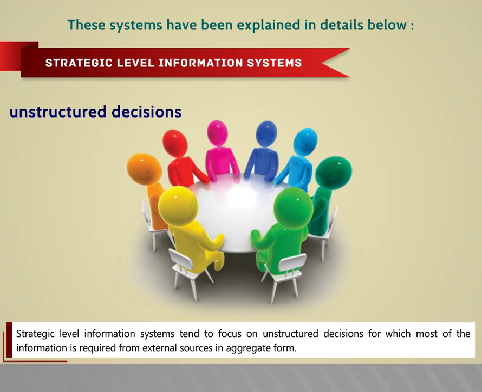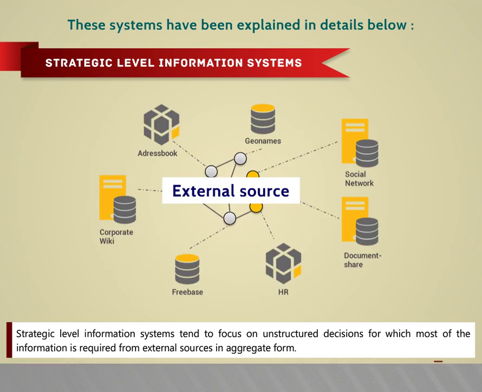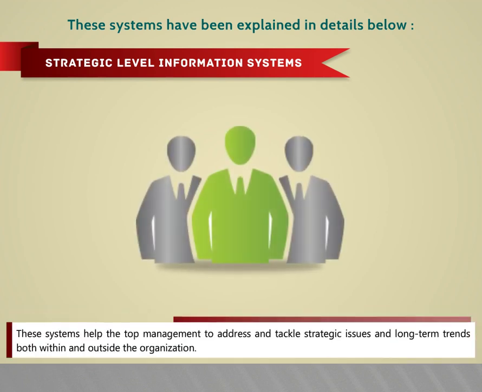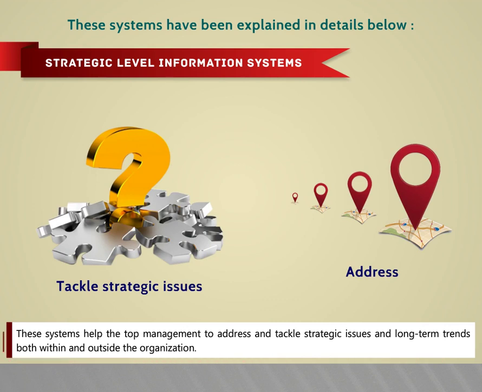Strategic level information systems tend to focus on unstructured decisions for which most of the information is required from external sources in aggregate form. These systems help the top management to address and tackle strategic issues and long-term trends both within and outside the organization.